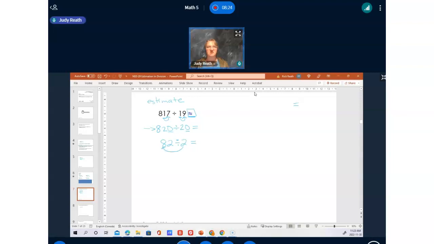Divide the tens. 8 divided by 2 will be 4. Divide the ones. 2 divided by 2 will be 1. So we can say 817 divided by 19 is approximately 41. It won't be exactly 41, but it will be approximately that.